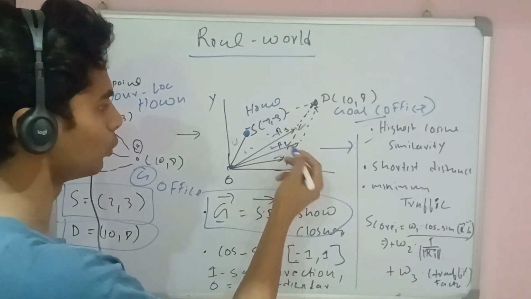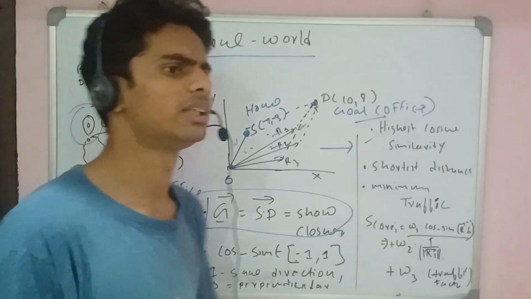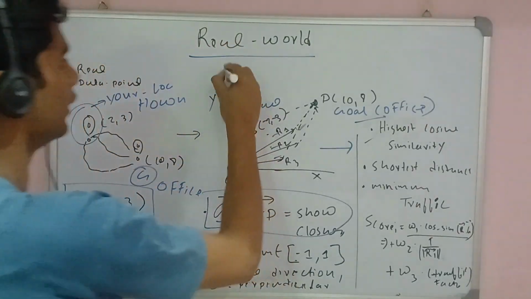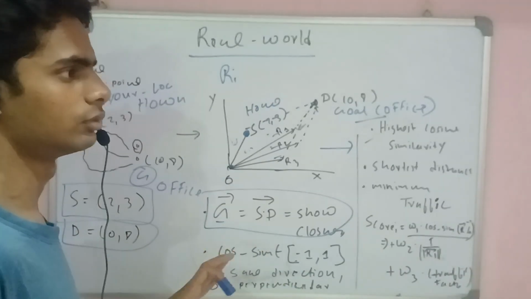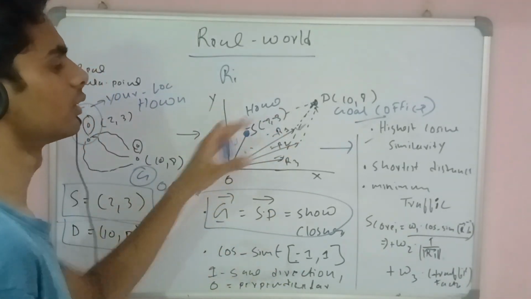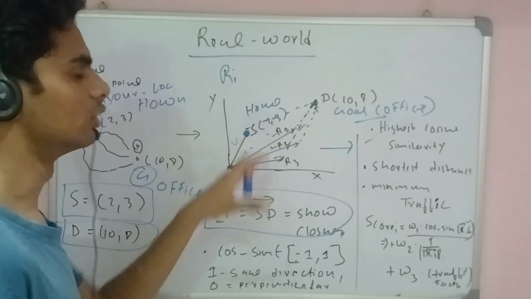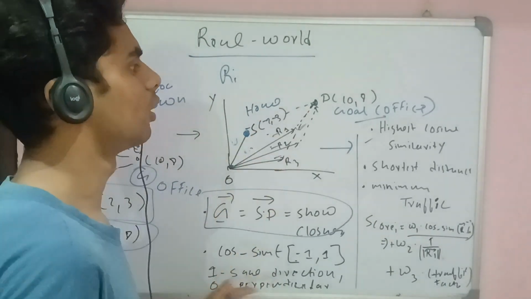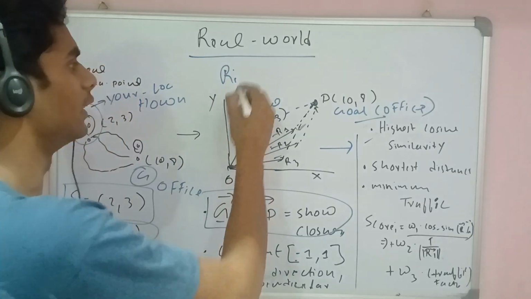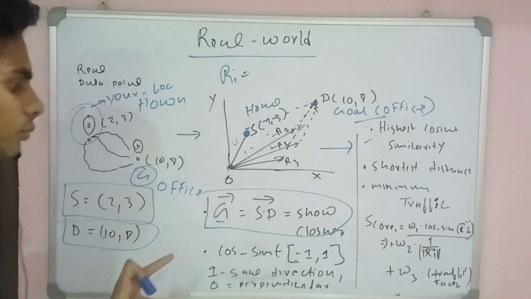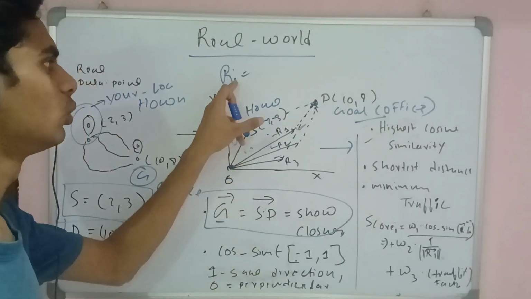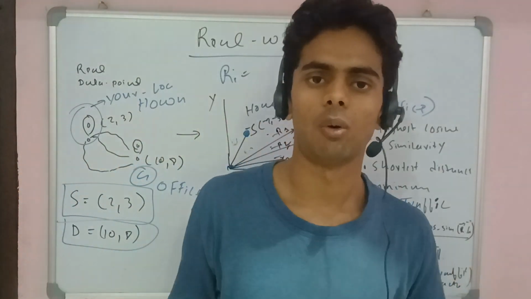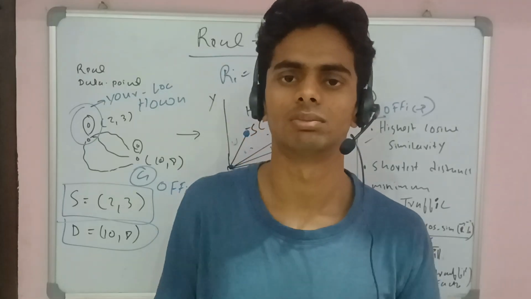Suppose we take the ith vector, and consider the ith vector as some route. Finding the dot product, we get a magnitude, and that magnitude shows the distance between the home and the office. The ith route shows how close the particular vector is to your home and your office.